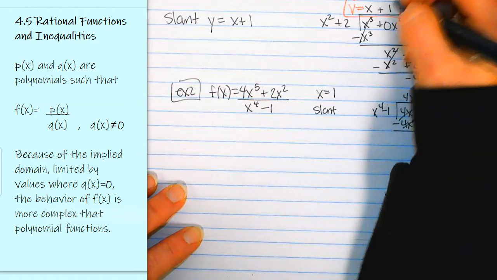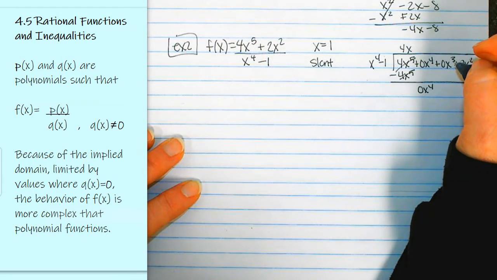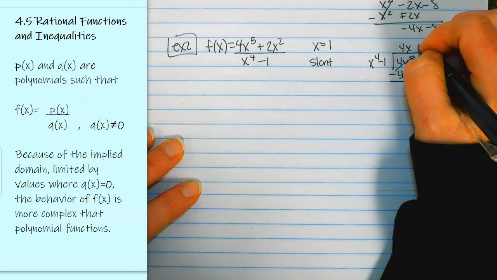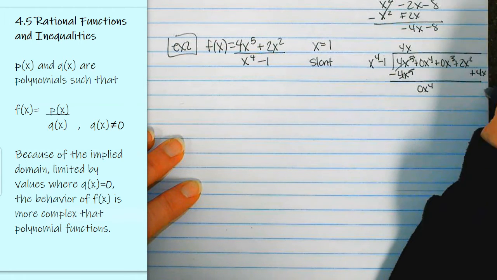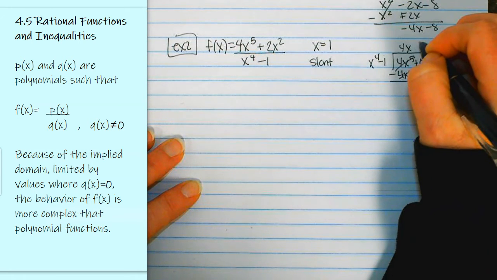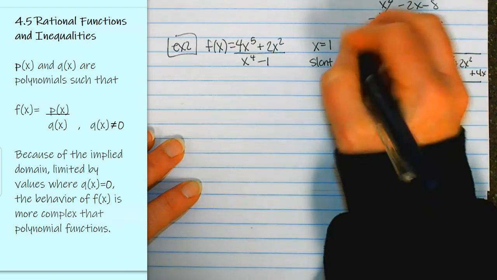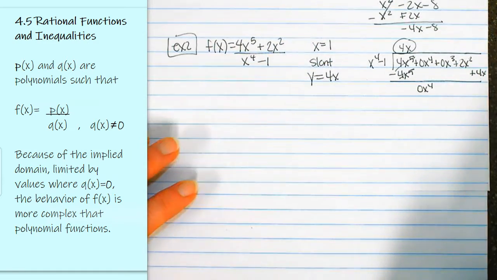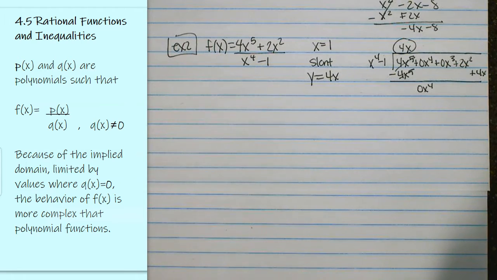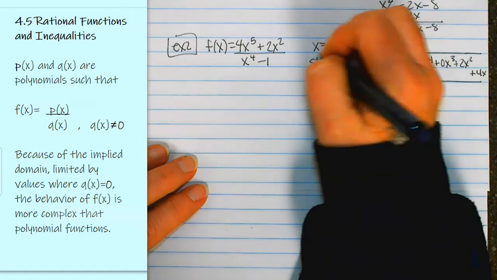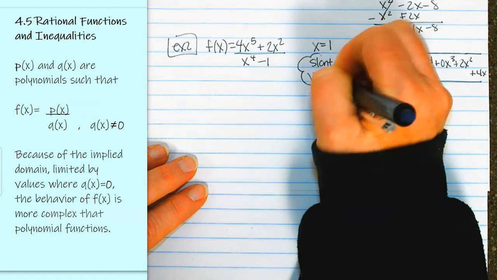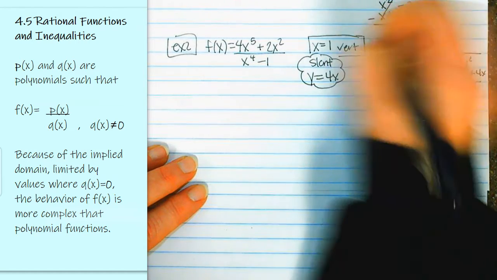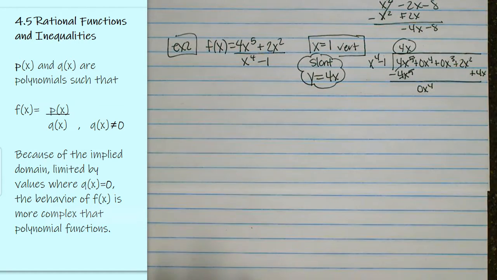Okay, so the other one was off by a little bit, and I apologize for that. x to the 4th goes into 0 0 times, so I'm done. And I've got a remainder, but that's going to go to 0. This is my slant, y equals 4x with a 0 y-intercept. So this is my slant. This is the vertical. Let's see what happens when we graph.